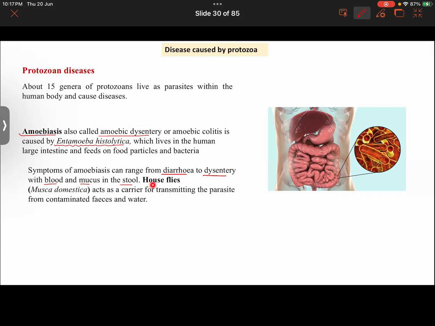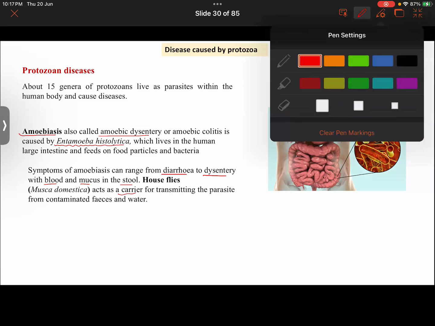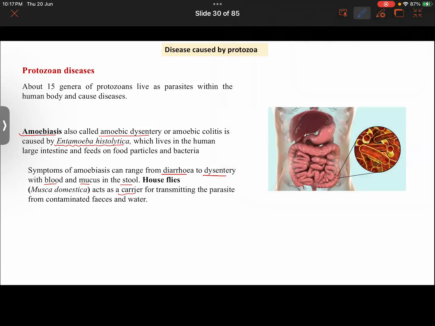It can spread from one place to another via the housefly, which acts as a carrier transmitting this parasite from contaminated fecal matter and water. Even in certain parts of India, it is still not open defecation free. People openly defecate in certain villages.